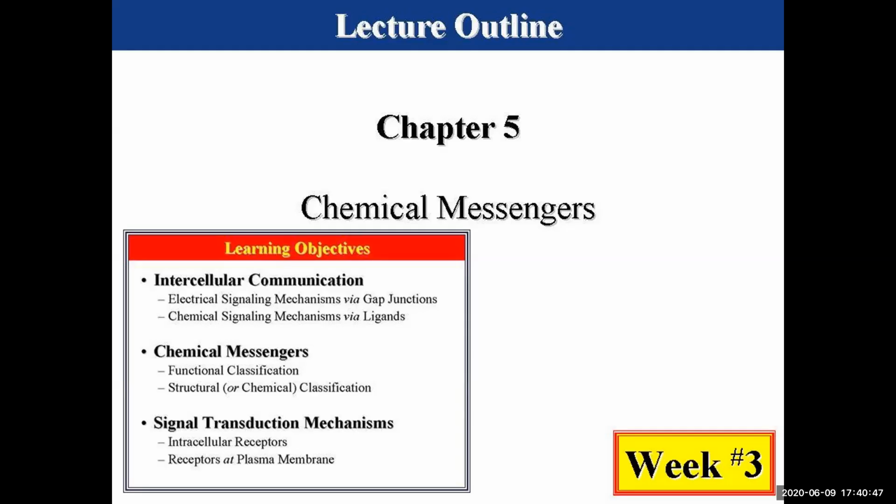So the major chemical messengers are used by three major organ systems: the nervous system, the endocrine system, and the immune system. Those three organ systems rely massively on chemicals, and they release these chemicals, and these chemicals function as a messenger.